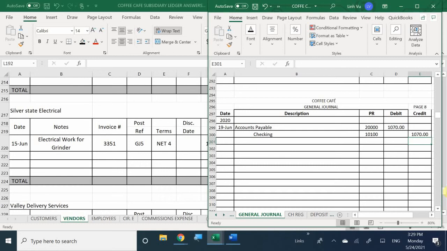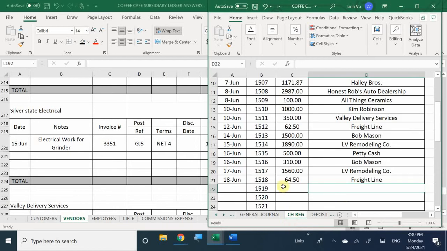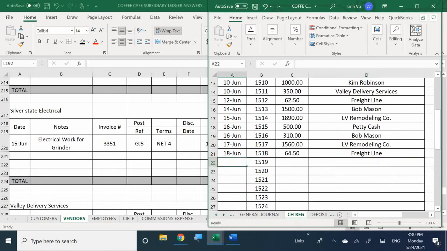Now we have to issue a check. And how do we issue a check? Check register. Good. In Silver State.